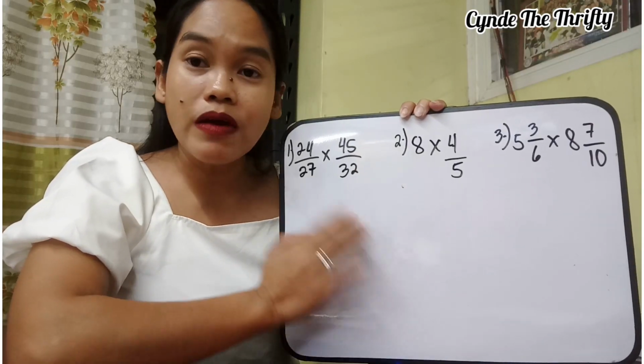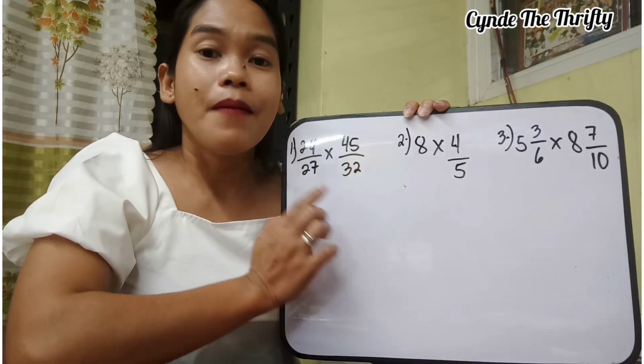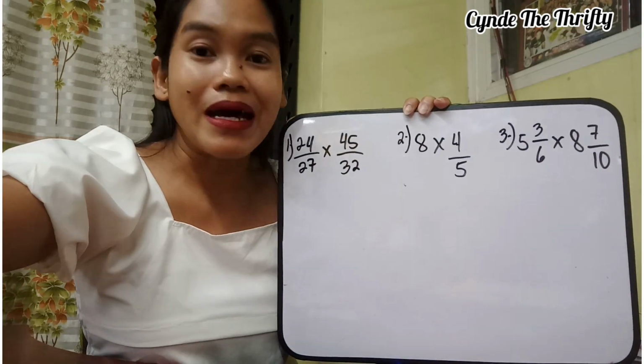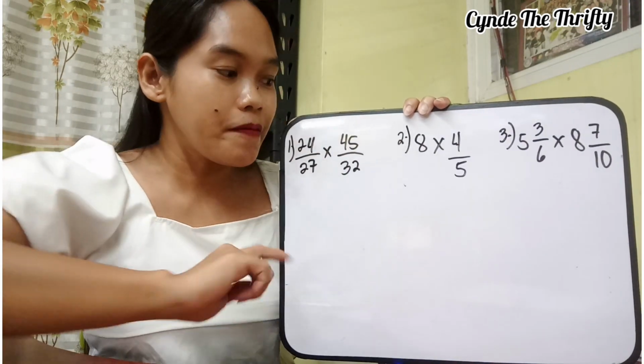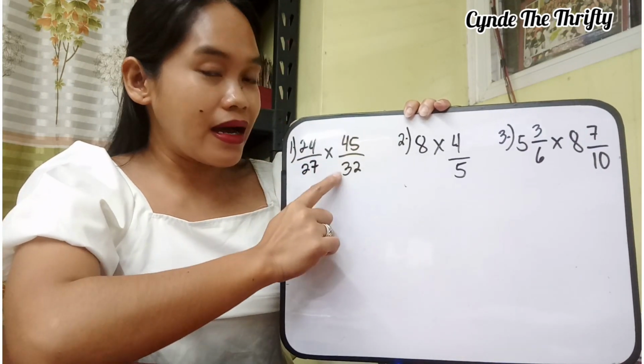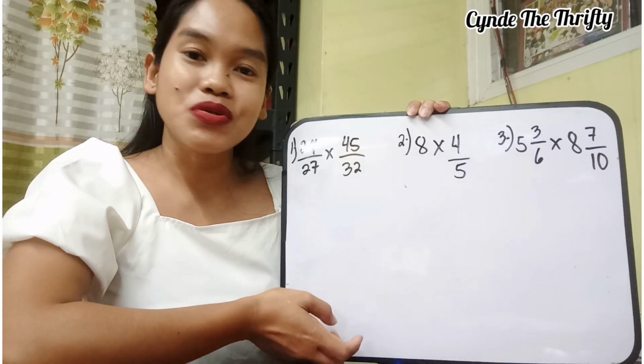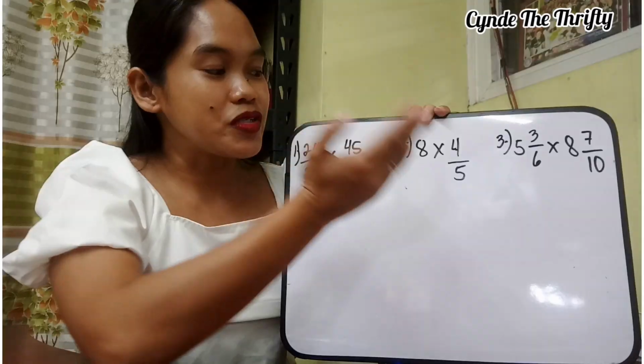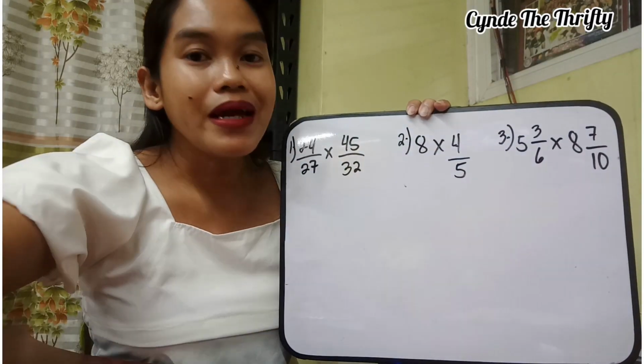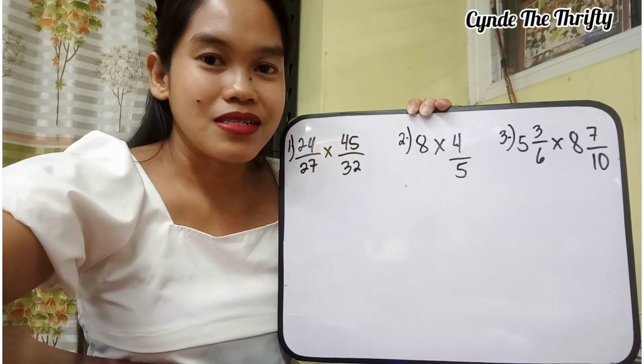So, kung marunong tayong gumamit ng cancellation method, magiging madali ang ating pag-multiply sa ating fractions. Kasi, magiging maliit itong mga number natin kapag gumamit tayo ng cancellation method. So, yan yung susunod nating tutorial pagkatapos ito na namang whole number and then mixed fractions.